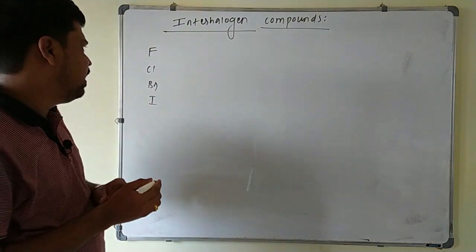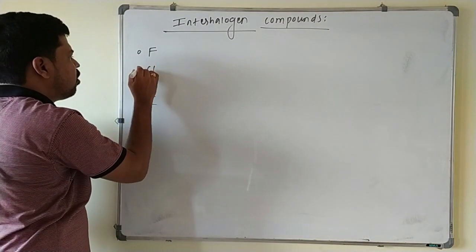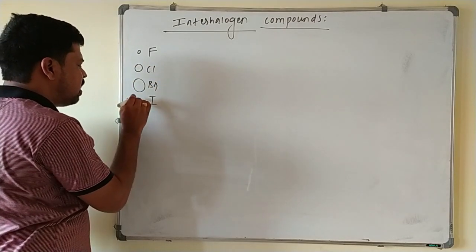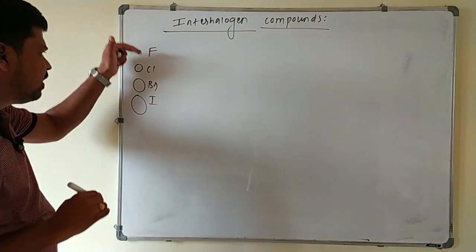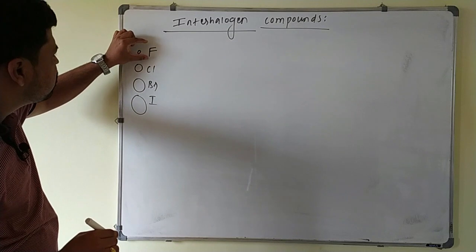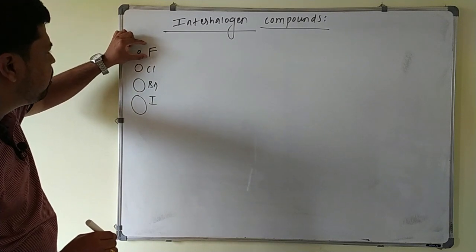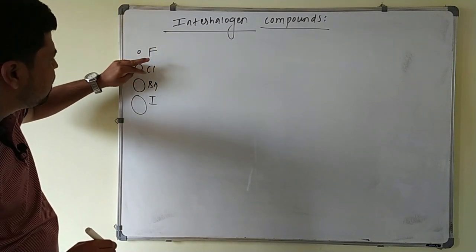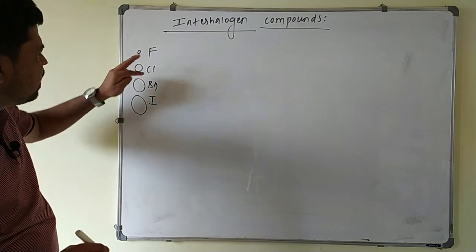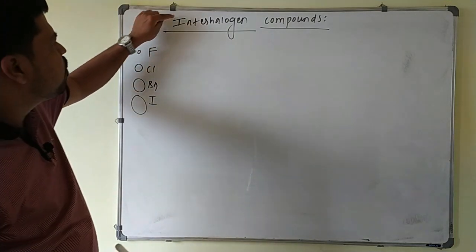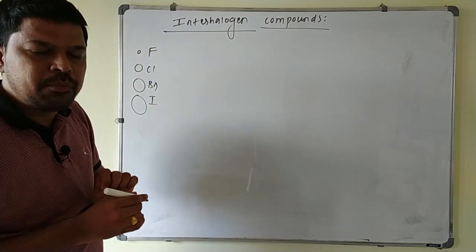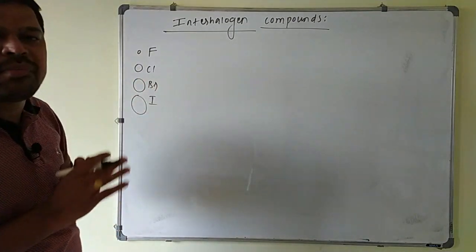Highly electronegative in nature, and down the group atomic size increases, as a result electronegativity decreases down the group. So because of this difference in the electronegativity between these halogen atoms, they will react with each other, so that they will form a binary compound, and those compounds are called as what? Interhalogen compounds, in which 2 halogen atoms are present here.